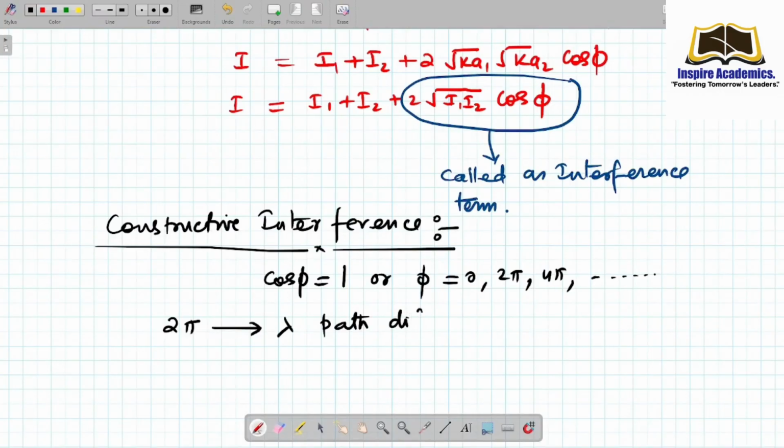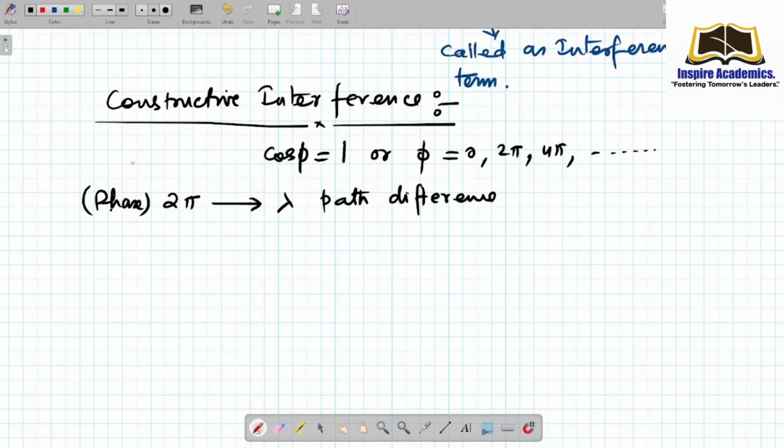So lambda corresponds to 2 pi as phase difference.